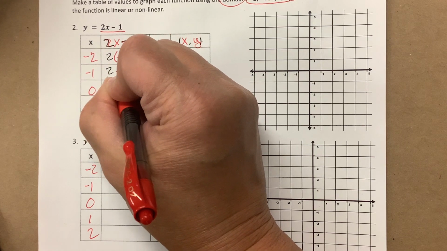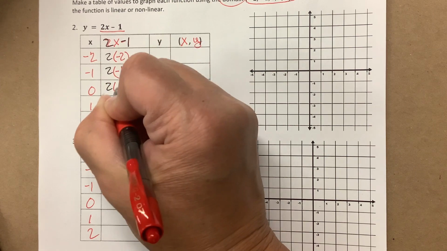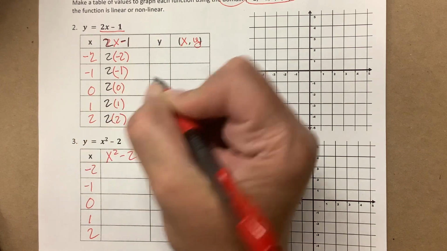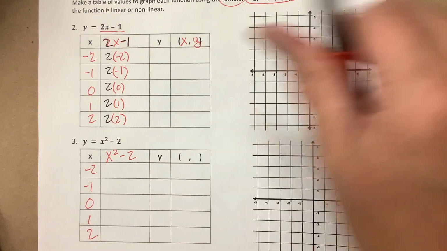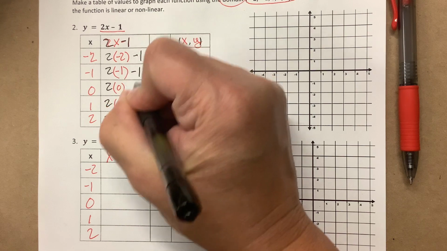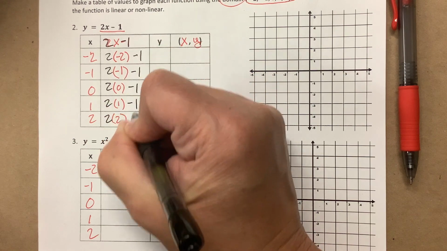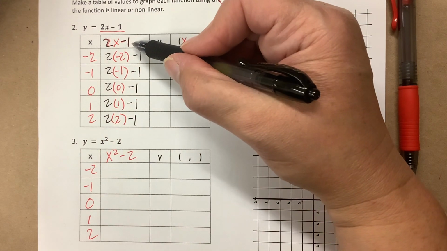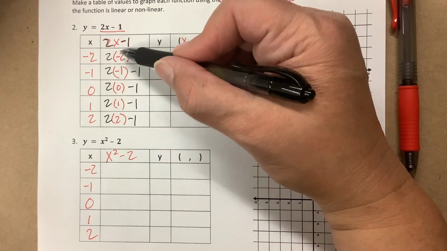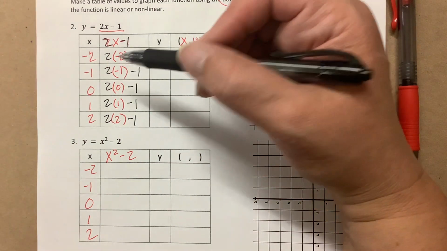So -2, -1, 0, 1, and 2. That's the variable. It's changing. But the constant, -1, also not changing. So in the function rule, 2x minus 1, the only thing that changes is the x value.